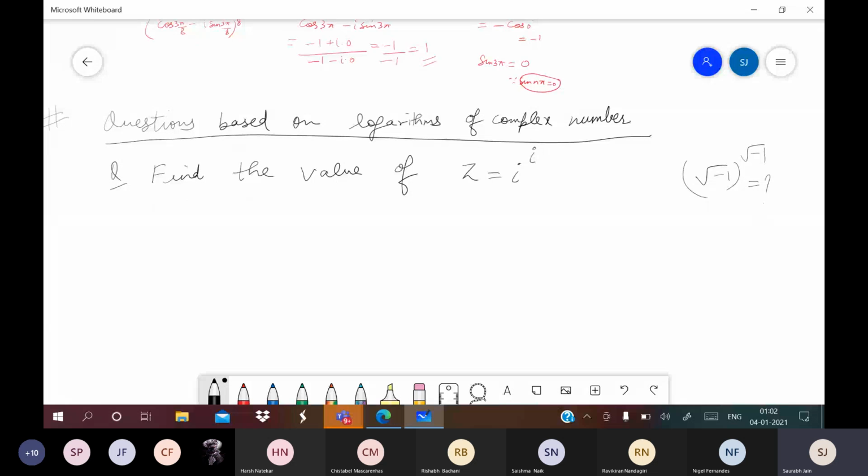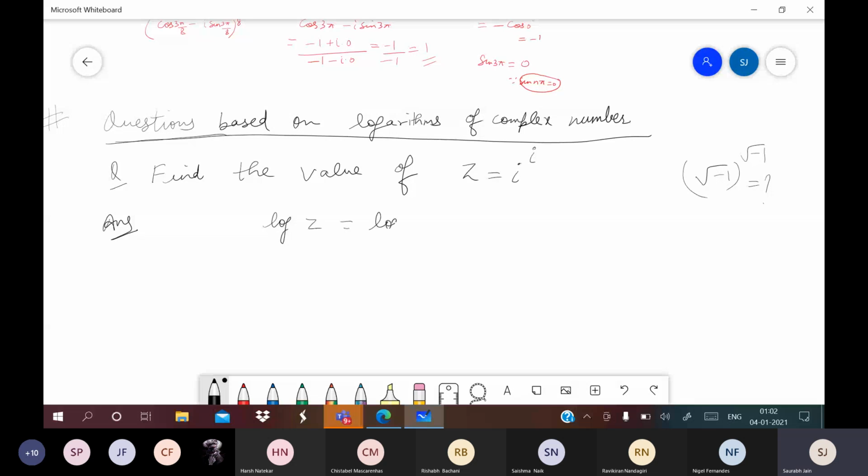Just concentrate and listen very properly and observe each and every step, because though it may be a question, it will be acting as a standard solution or the working rule to solve such type of questions. Since there is a power of iota and it itself is a complex number, in such type of questions where a non-real number is there in the power, we will proceed by taking log both sides.